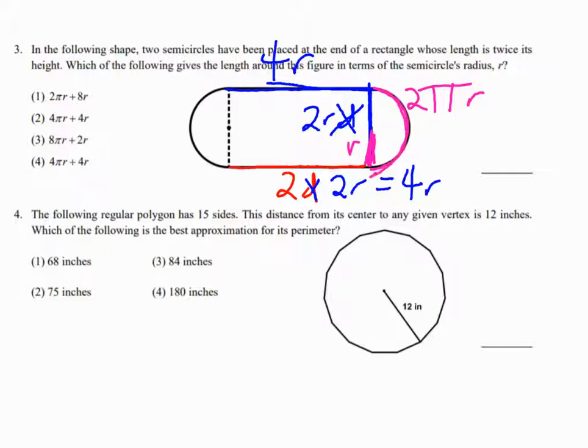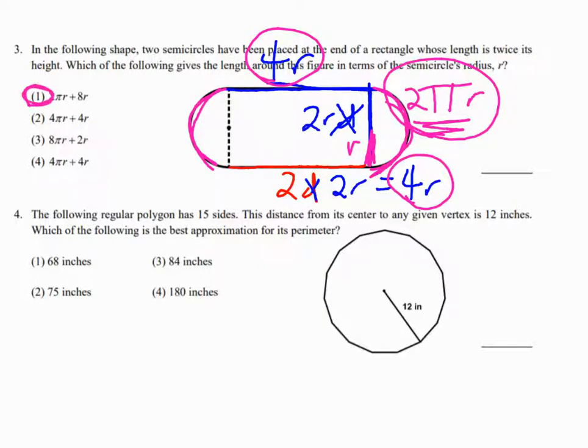One of these would be just pi r, but we have 2 of them, one on the left and one on the right. So we're going to use 2 pi r. So we have 4r plus 4r plus 2 pi r. That gives us a grand total of number 1, 2 pi r plus 8r.